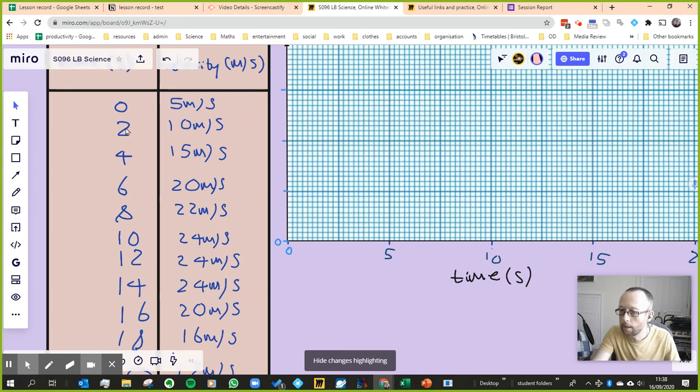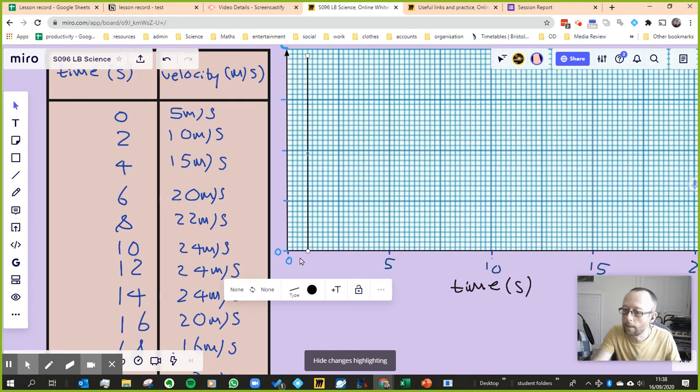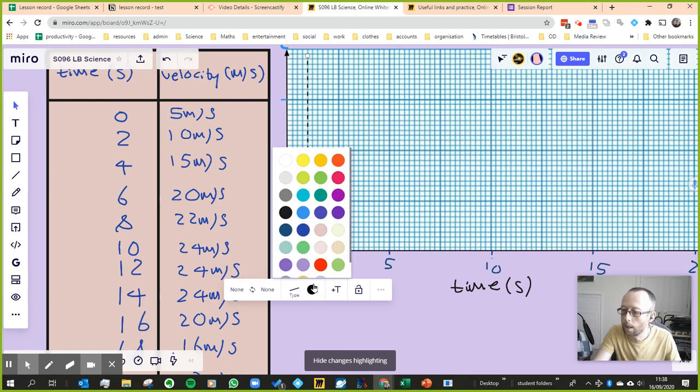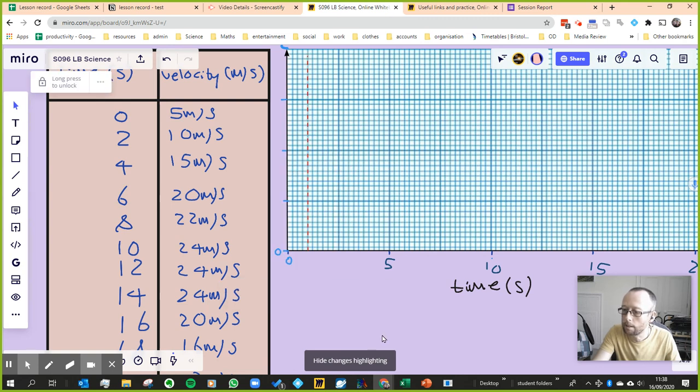The next one is after 2 seconds. So 2 seconds is going to be, if I draw a dotted line, and we'll see where that one is. So it's 1, 2, 3, 4. So it's going to be somewhere along that line there. Let's turn that into a nice dotted line. So we're going to be somewhere along that red dotted line.